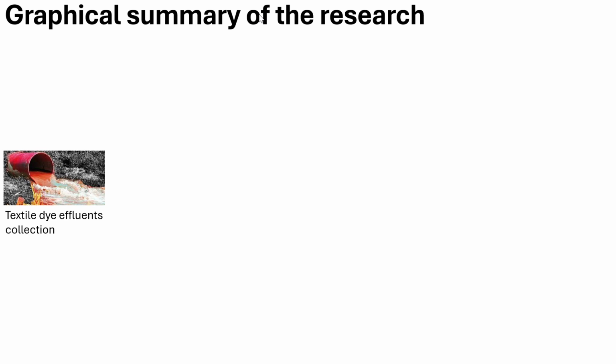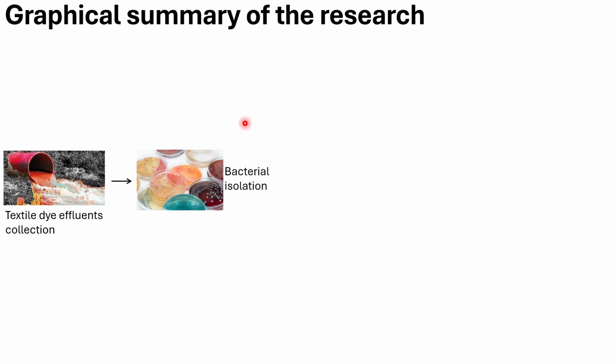We all know that there are certain textile industries in which the textile is formulated, and after its formulation it is dyed as well. Its dyes include azo dyes and reactive dyes that are considered to be carcinogenic in nature. So in this research article they simply collected these dyes from the disposing areas.